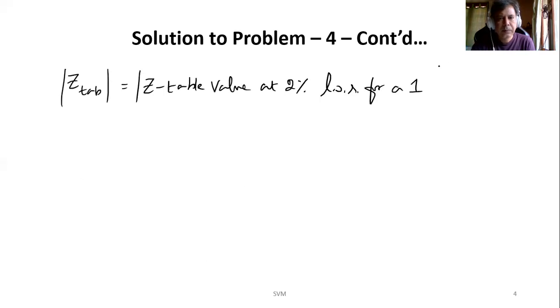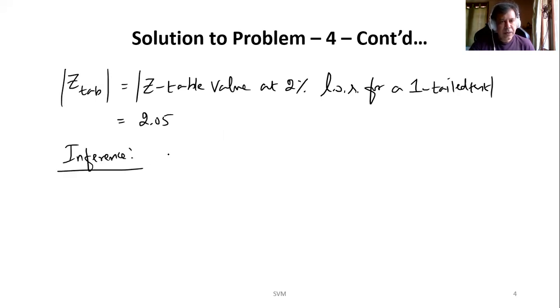For a one-tailed test, the Z table value for a 2% level of significance is 2.05.